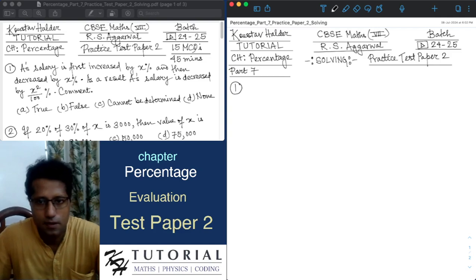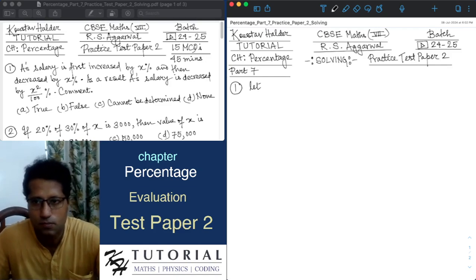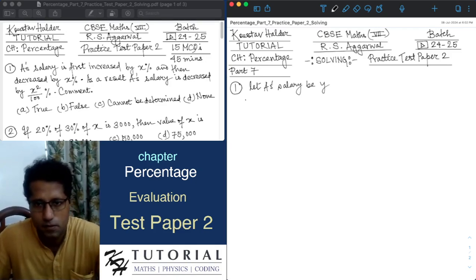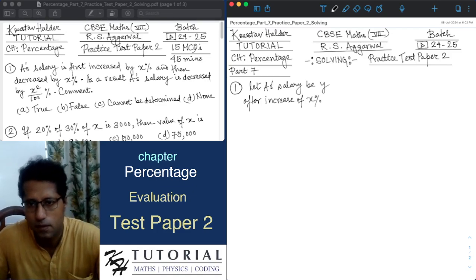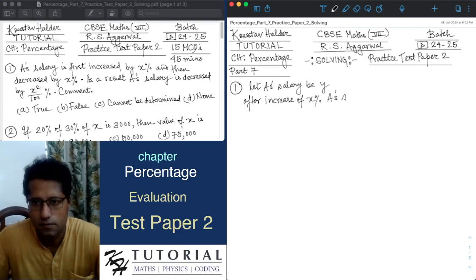So A's salary, since the percentage is given in X, we cannot assume the unknown to be X. So let A's salary be Y, some other variable. Now A's salary is first increased by X%.